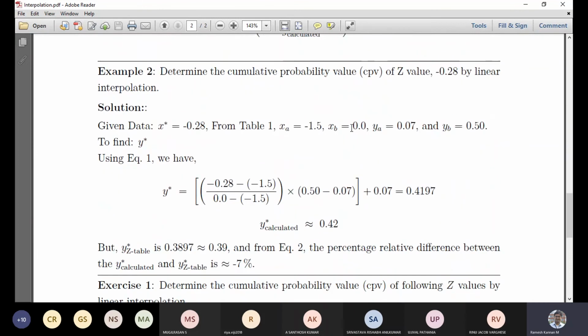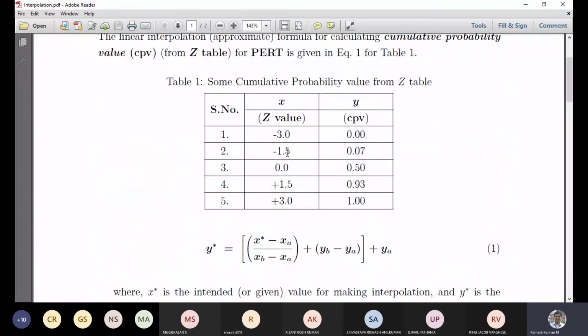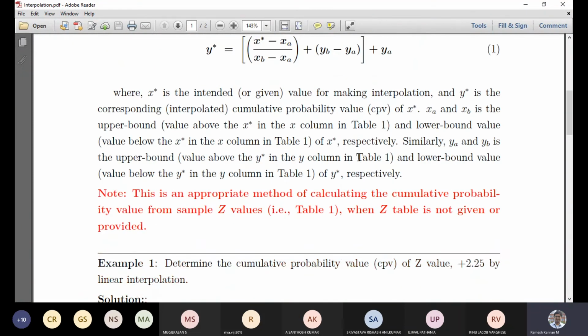Another example, in this case with a negative value, which is minus 0.28. Minus 0.28 falls between minus 1.5 and 0.0. So that will be here, this will be the lower bound of x and this the upper bound of x, with the corresponding lower and upper bounds of y, and the intermediate value of y will be for minus 0.28.